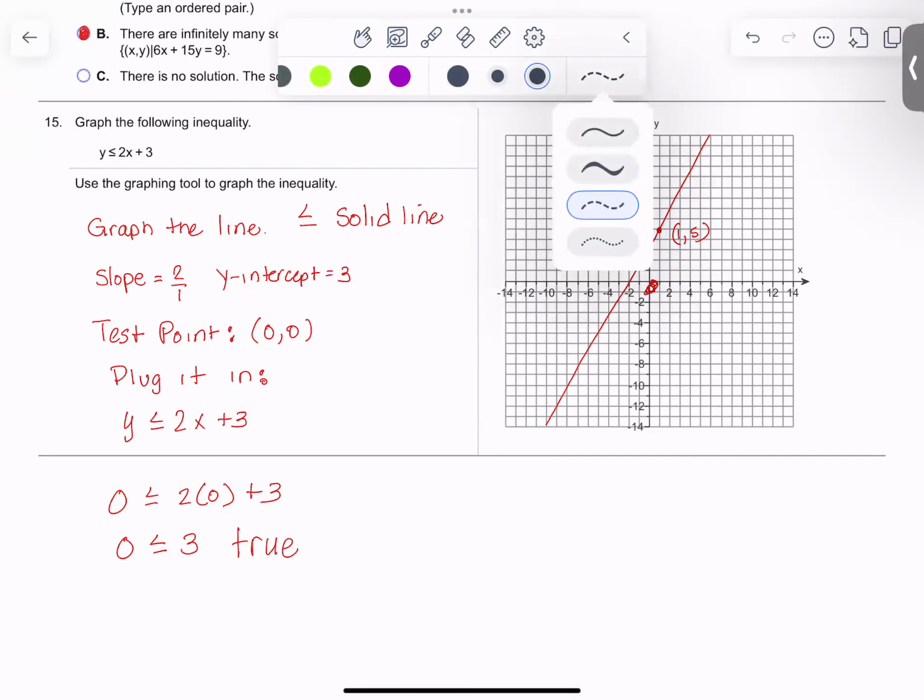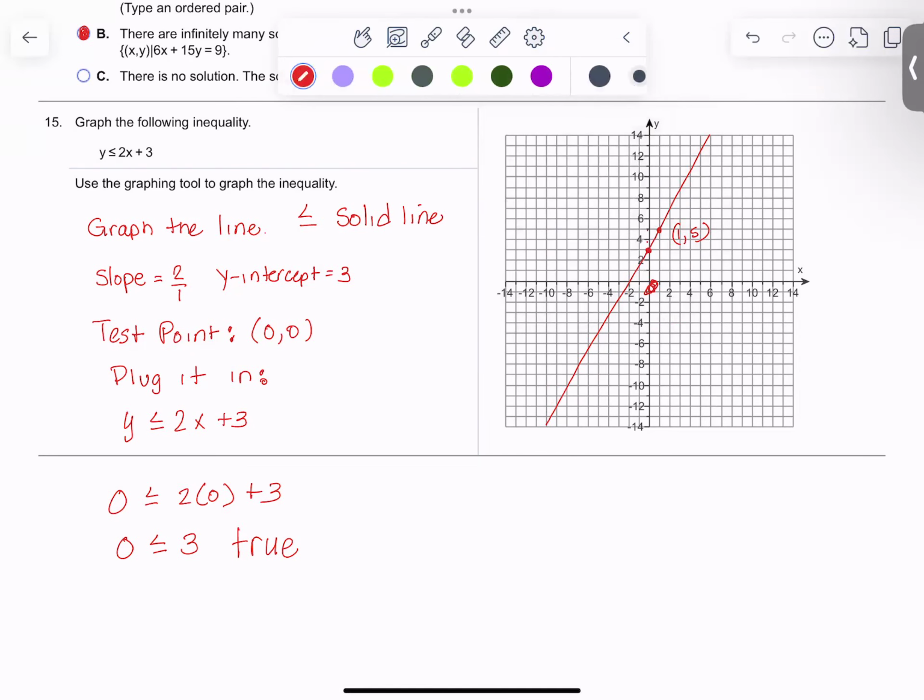My grandson changed it to a dashed line, so I'm going to change it back. Okay, so you would shade below here. And you just take your bucket tool and you click in that area and it will shade everything below.